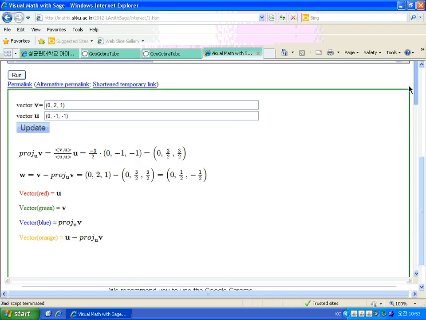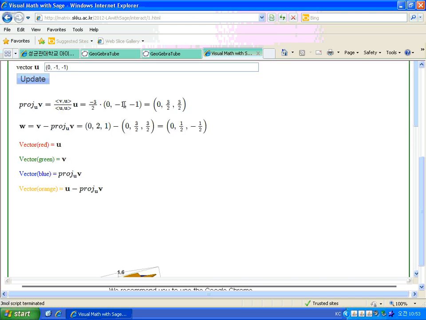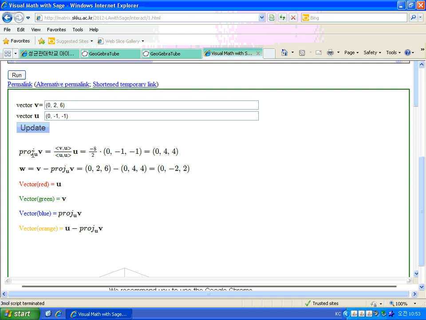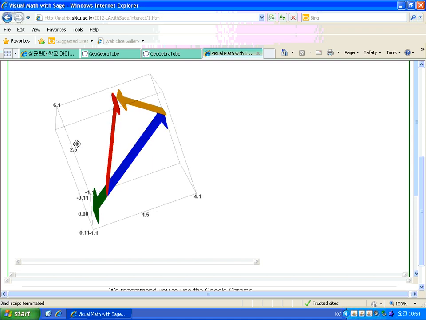Okay, here let me explain. Suppose we have these 2 points, then you can find the projection. Here is the explanation of those. If you change these numbers, then you have different vectors u and v. Then you have a different projection value, and those vectors u, v, and w, as well as the projection p, can be shown in this graph.